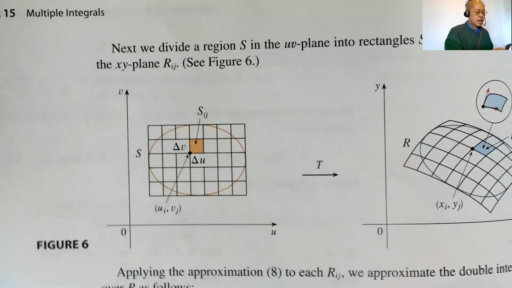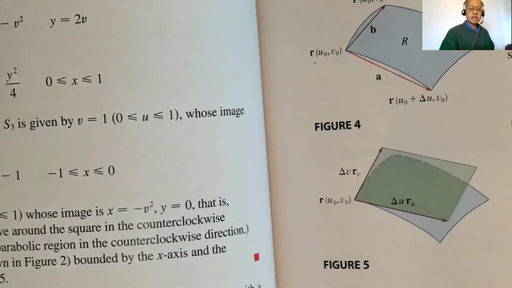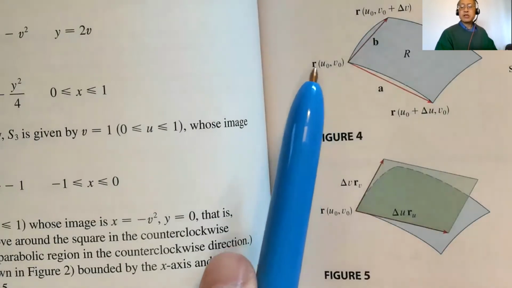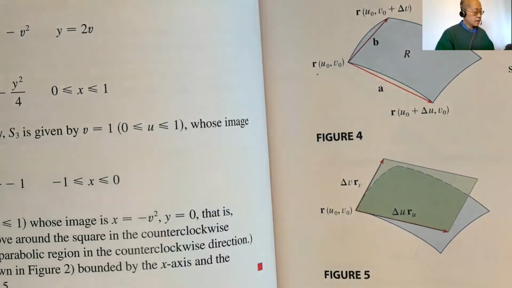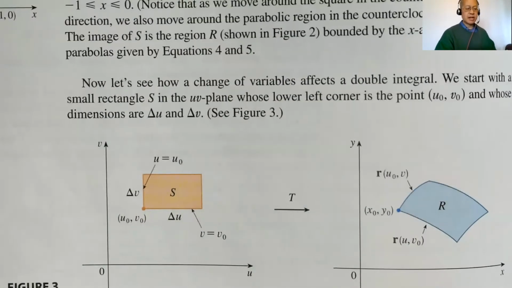Now they give you a justification of this, but when you change from one coordinate system to the other, the little change in area isn't quite the same. The area is not necessarily the same.